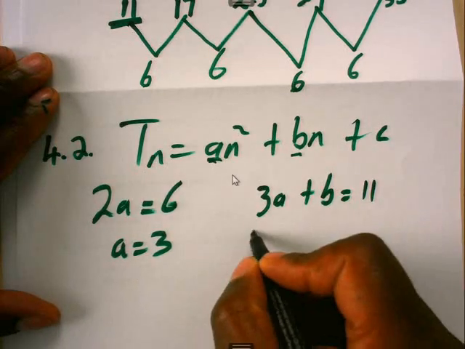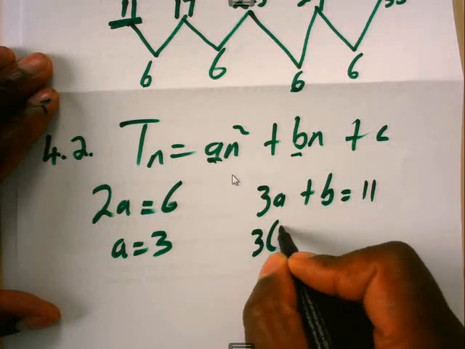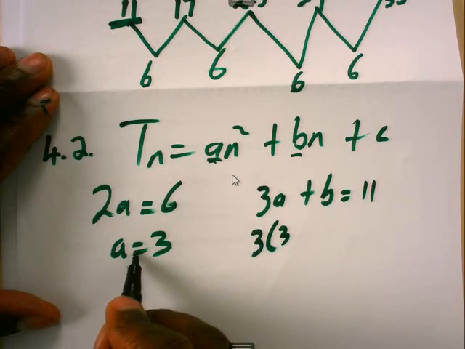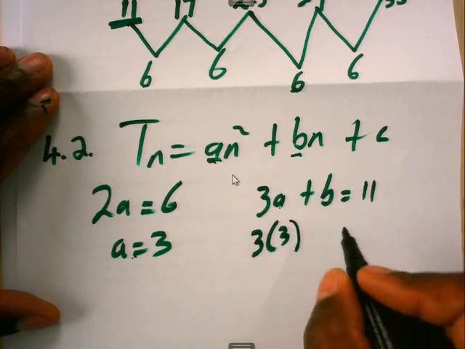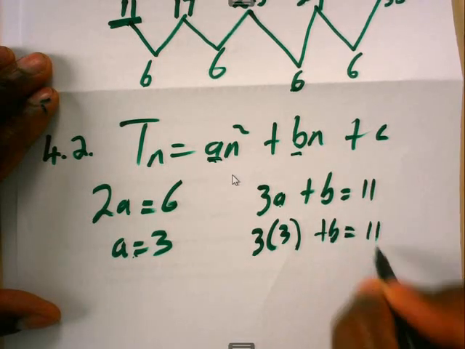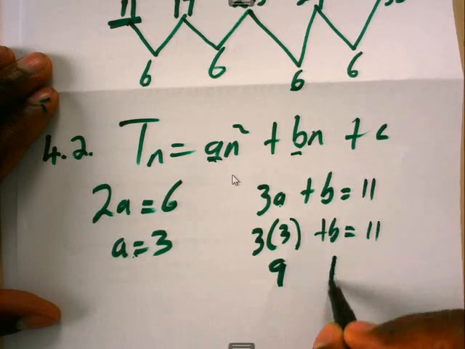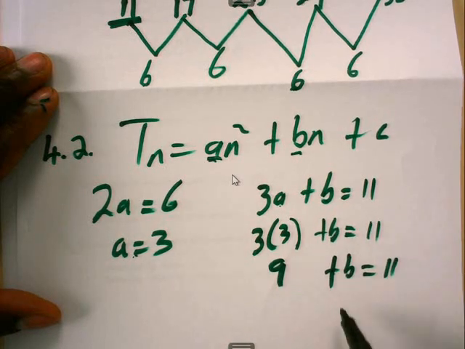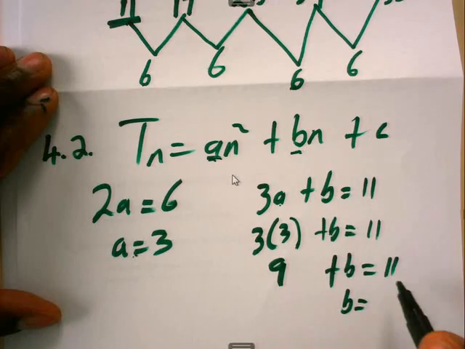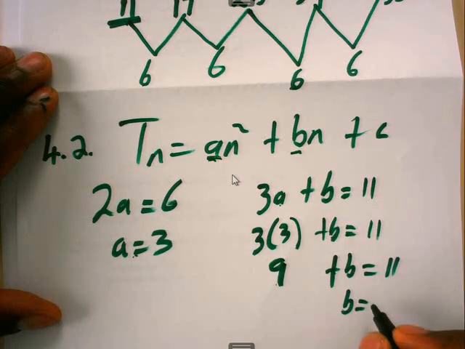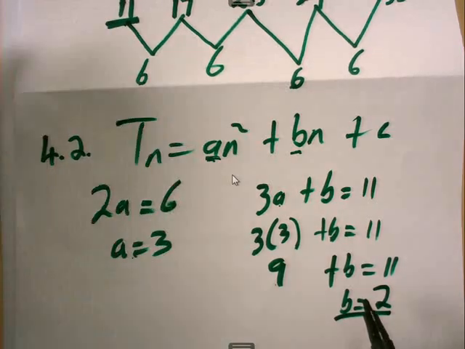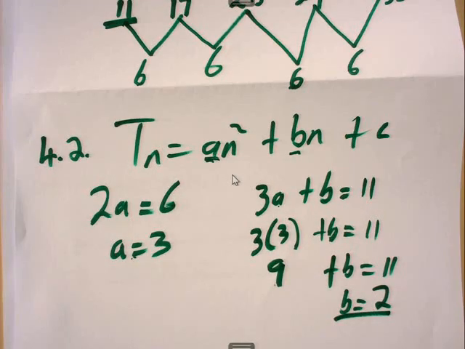A is 3, so we substitute A by 3. 3 plus B must give us 11. 3 times 3 gives you 9, plus B equals 11. Therefore you transpose 9 to the right, then it will be 11 minus 9. Therefore B equals 2.